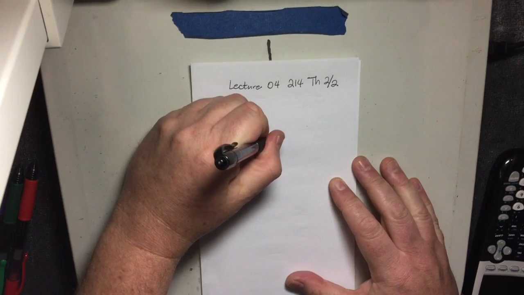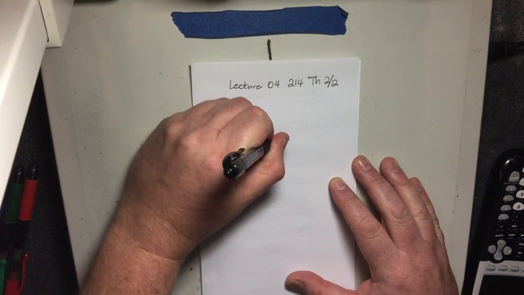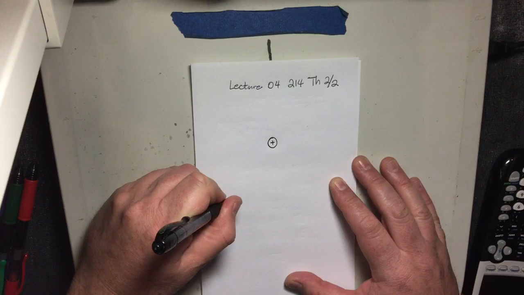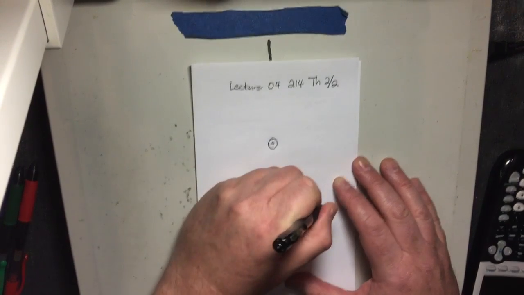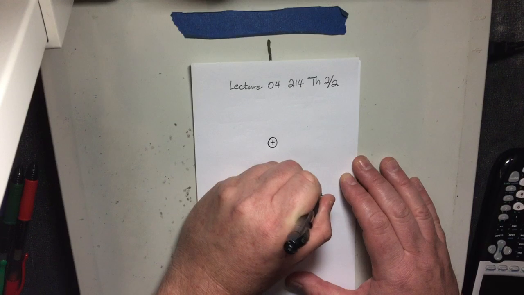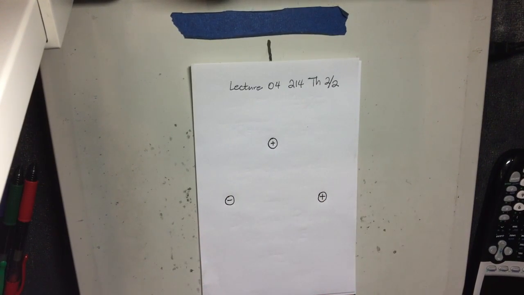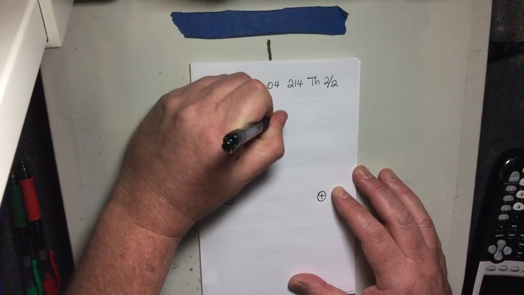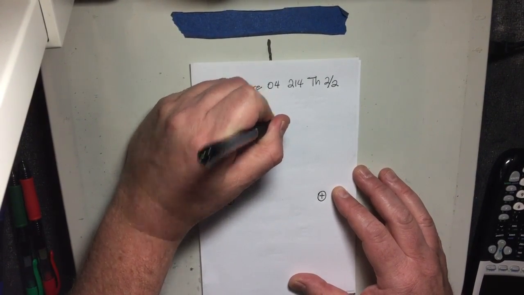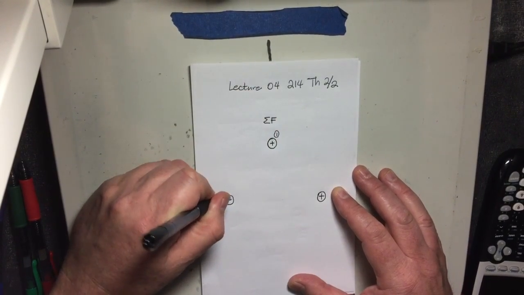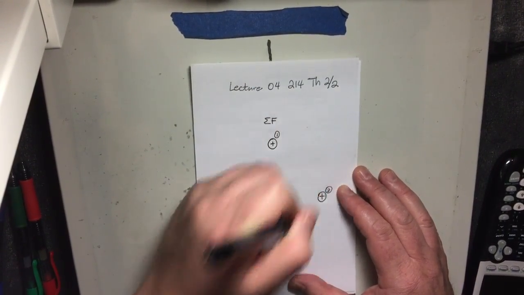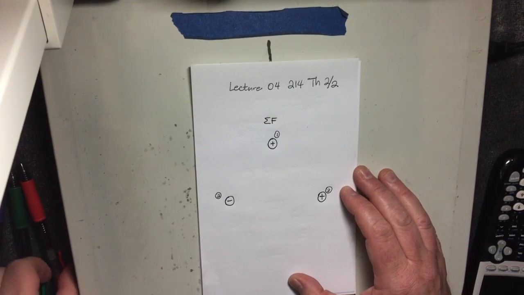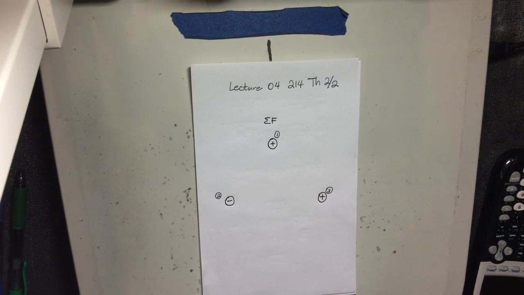So I have to take the time to communicate because there are some things that we need to really get a firm grasp of. If you have a charge, and you have another charge, and you have another charge, you need to visualize the forces and what goes on. What I'm going to ask for is, what's the sum of the forces for charge 1? The forces on this charge I will have as red.